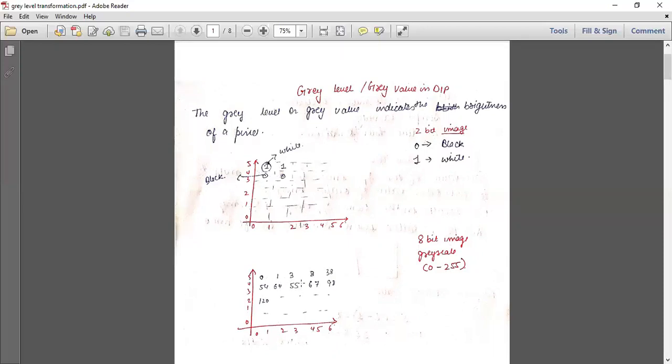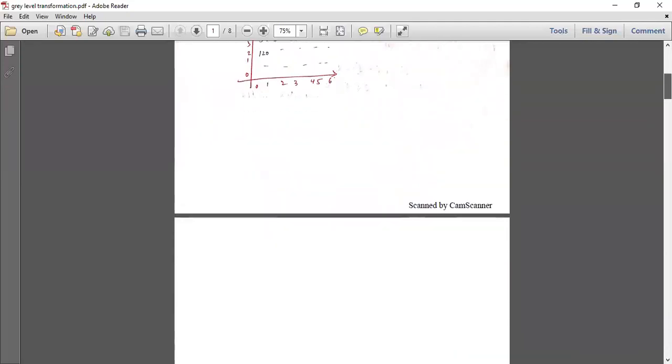So 55 is a mixture of white and black color. If we mix white and black and the new form is 55, it is a mixed gray color. This is nearby 0, so this is a blackish gray color. And if we move towards 255, that will become whitish grayscale color. As we move towards 255, this image will become more bright. Okay, so this is the introduction of grayscale image.